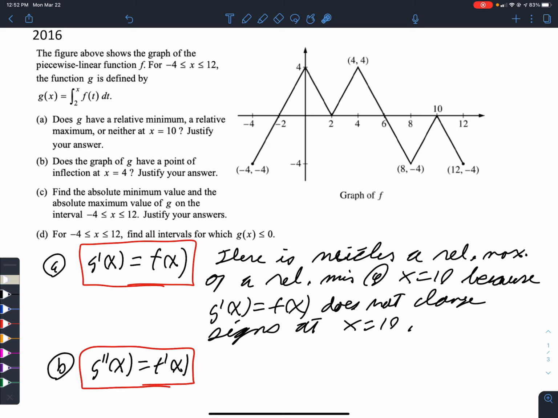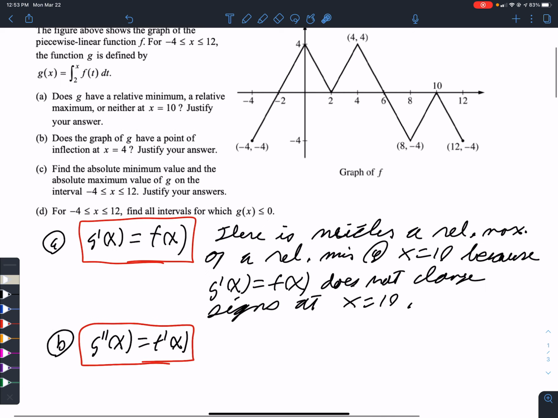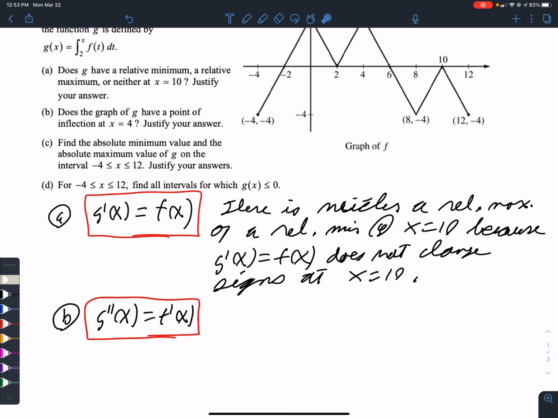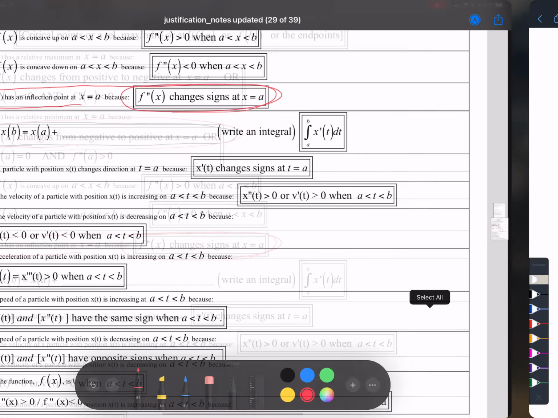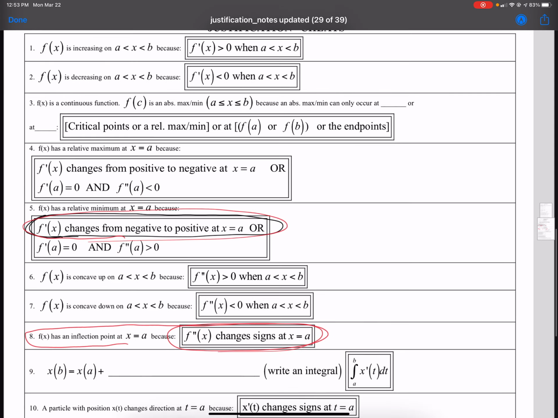So this has to do with knowing another justification. Okay, it's all about justifications. So what tells me if a derivative is positive or negative? If the original function is increasing, then the derivative would be positive, and let's go back and look why. Let's go back here.